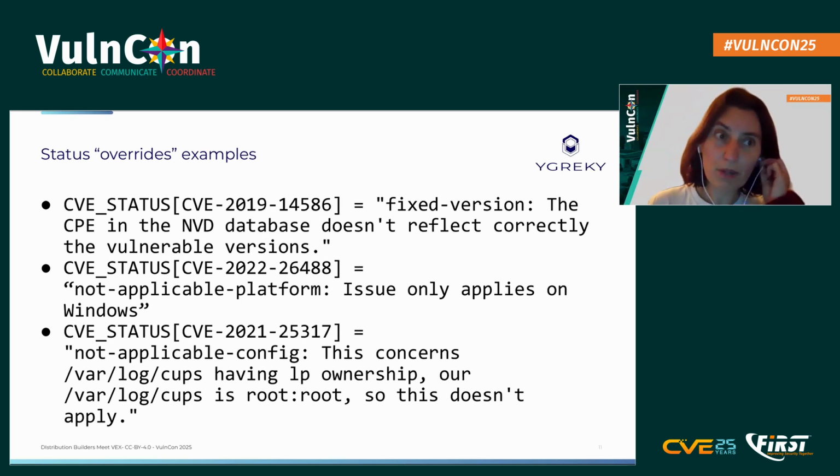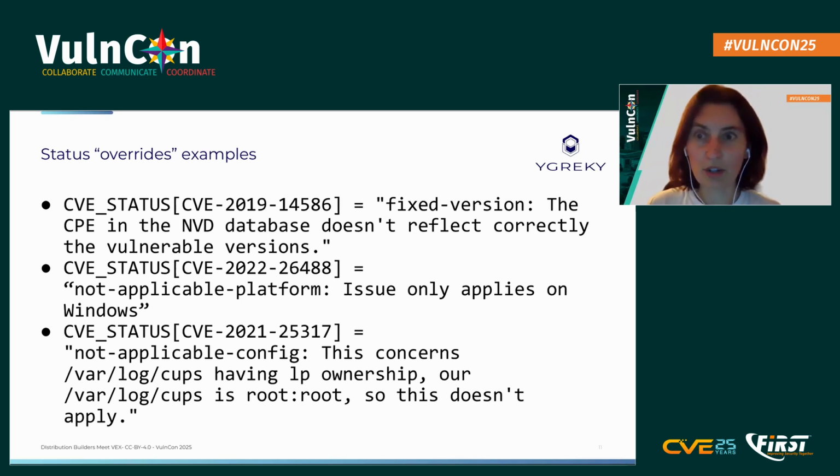We have quite many of those, especially with the NVD problems, as they stopped accepting patches or delayed accepting patches to entries. There are quite many of those, and quite many for other vulnerabilities also. The second example: not applicable platform.